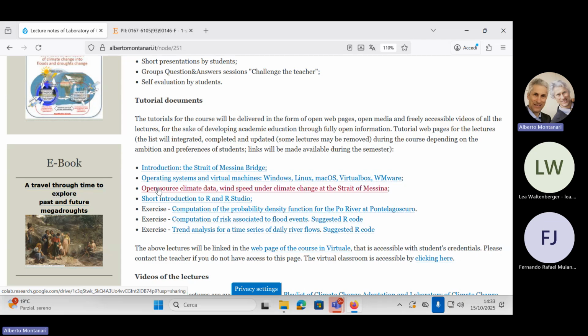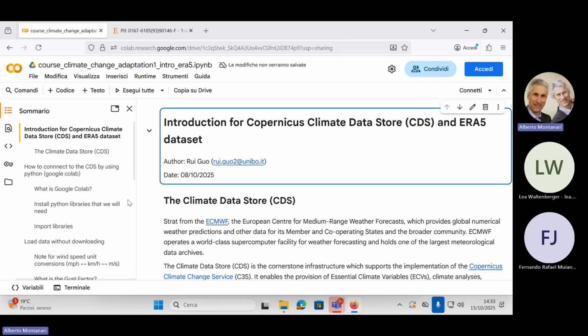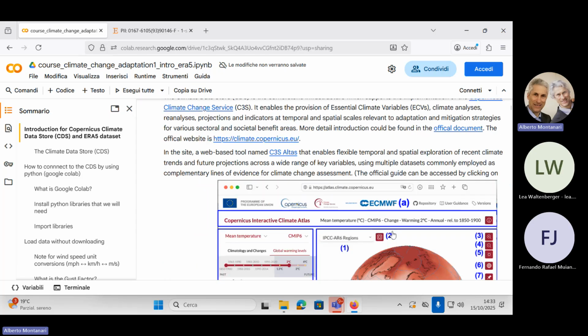I think it is this one, the third. It is a link to a Google Colab slide. I only recently learned about Colab. I think it is excellent because it also allows you to run the codes.